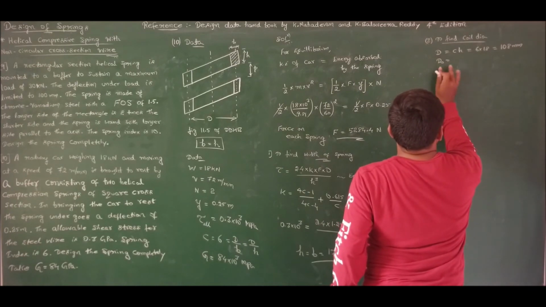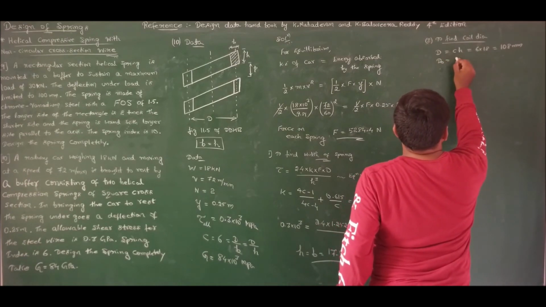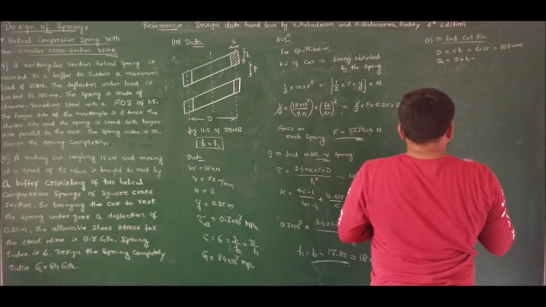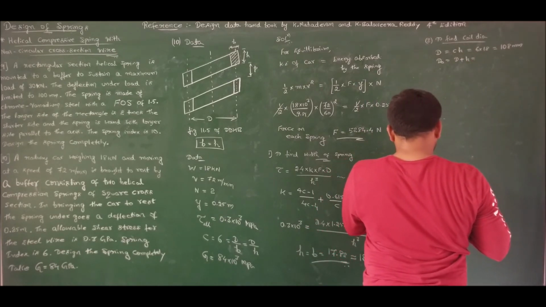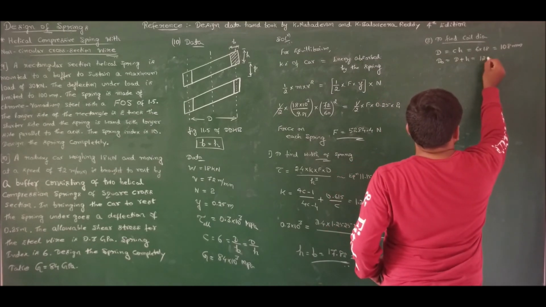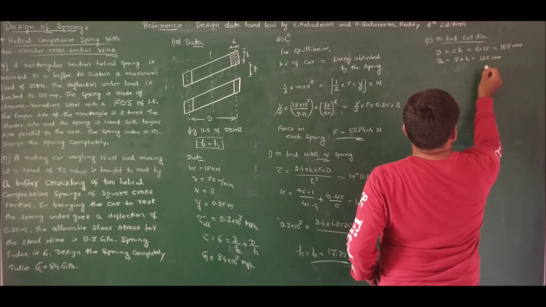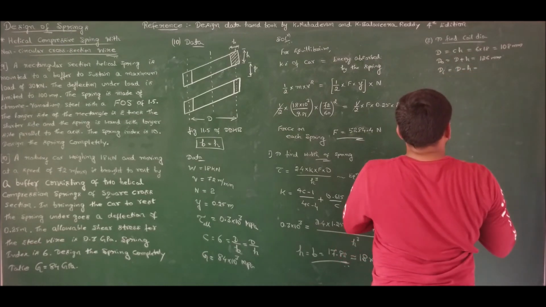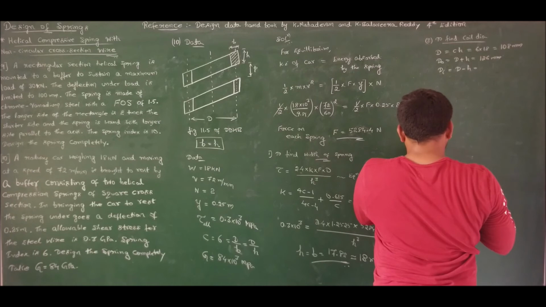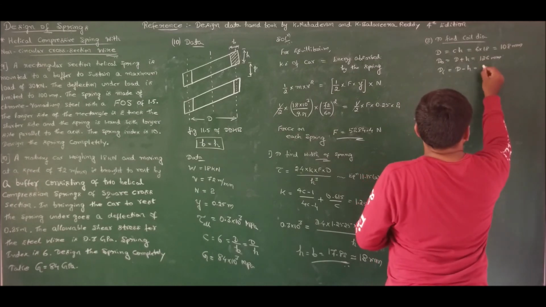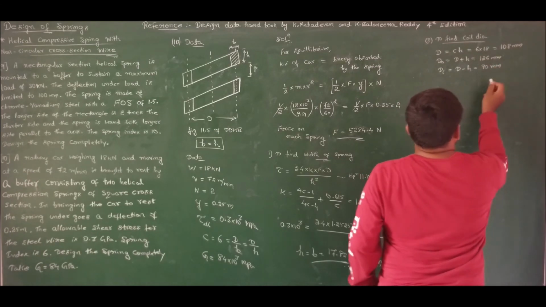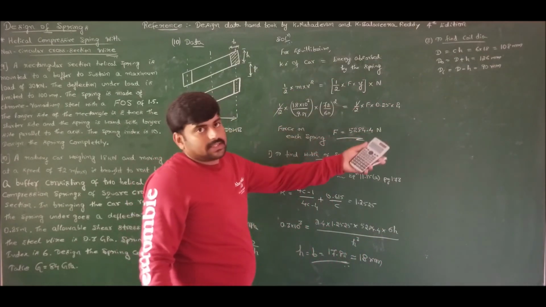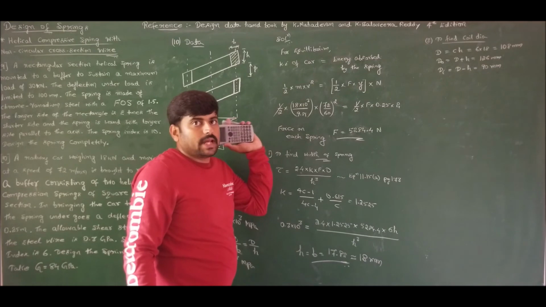Outer dia is D plus H, 108 plus 18, it is 126 millimeters. Inner dia is D minus H, which is 108 minus 18, that is 90 millimeters. Don't get confused. You can use D plus B, D minus B, you will get the same answer, because for square cross section B and H are same.